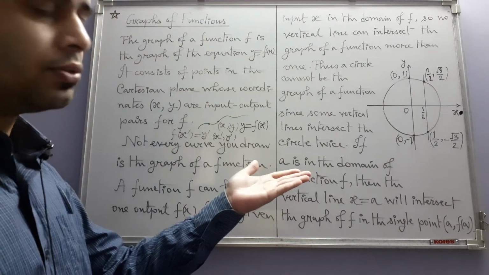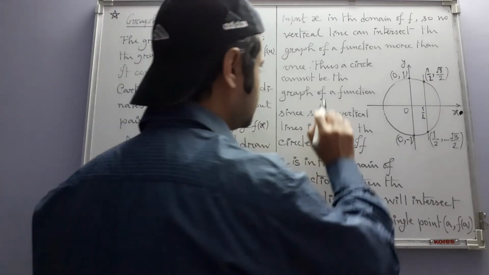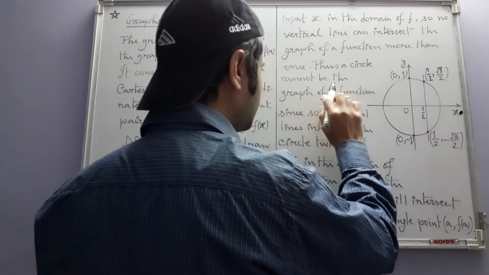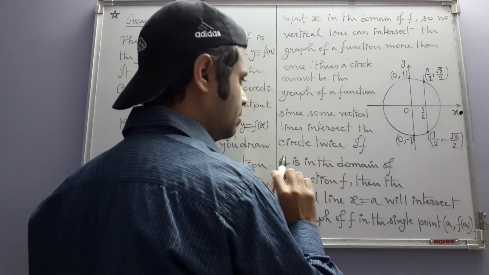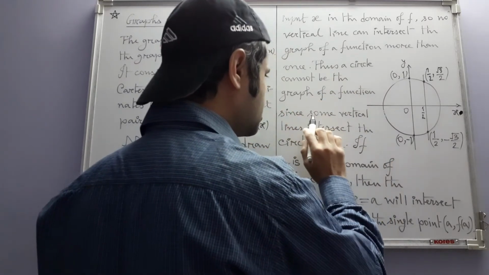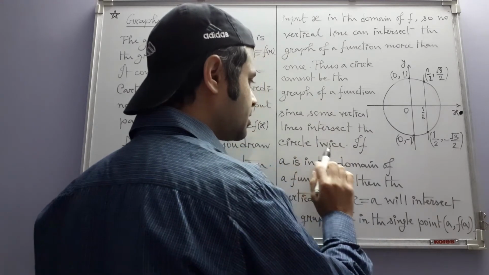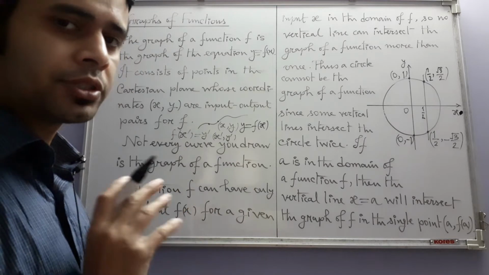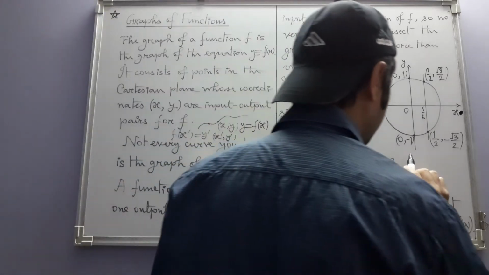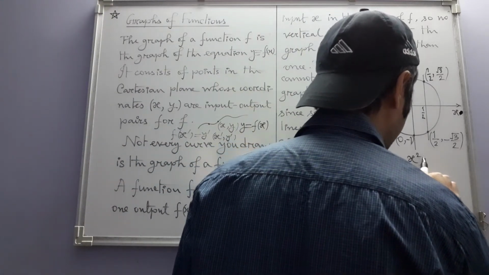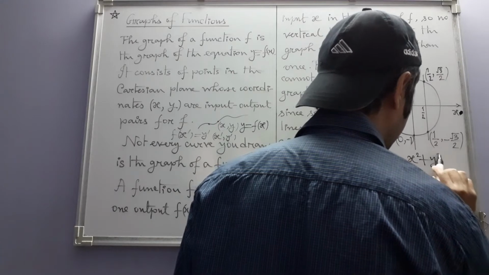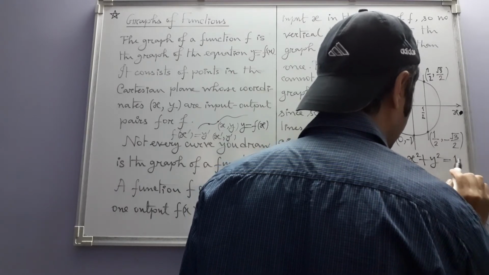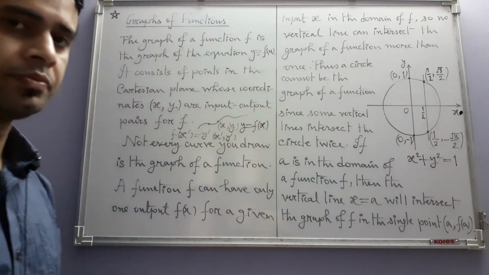This is an example. A circle cannot be the graph of a function, since some vertical lines intersect the circle twice. To be more specific, I have taken the unit circle which has radius 1 and is centered at the origin.